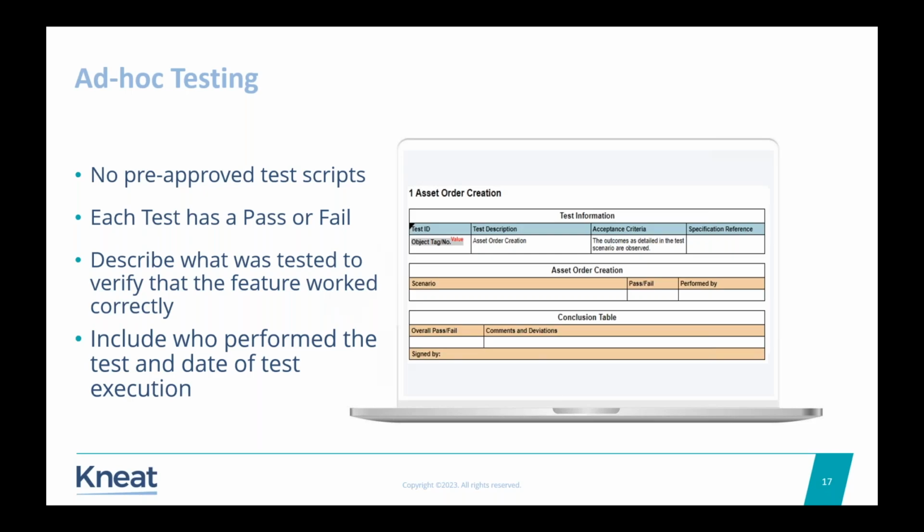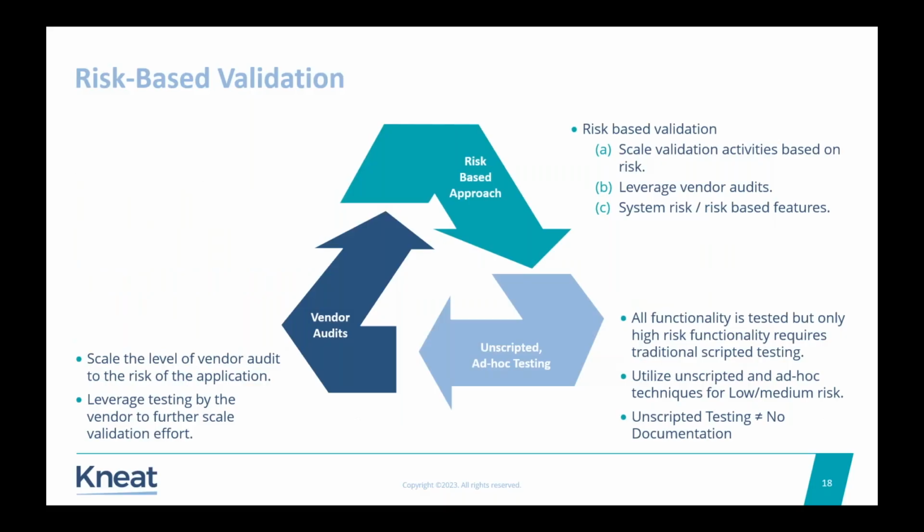We just summarize the risk-based CSA validation. So we start here in the bottom left-hand corner: you scale the level of vendor audit to the application. If I'm buying in a very high-risk system that has high-risk features in it, I'm going to scale the level of vendor audit to the particular risk associated with that system.